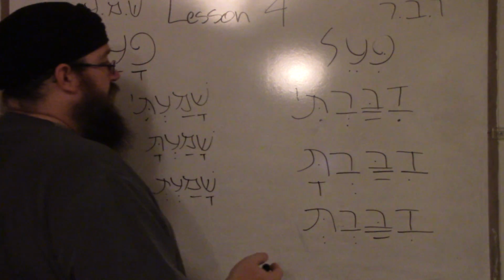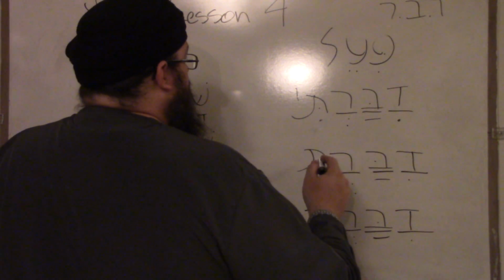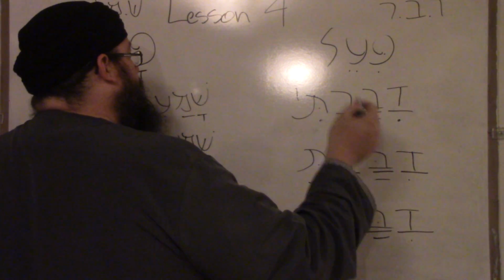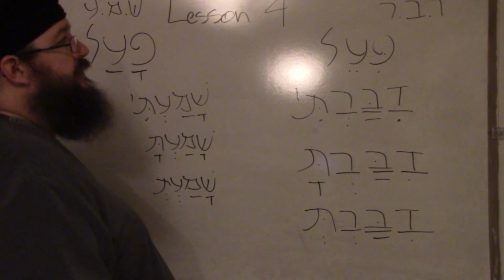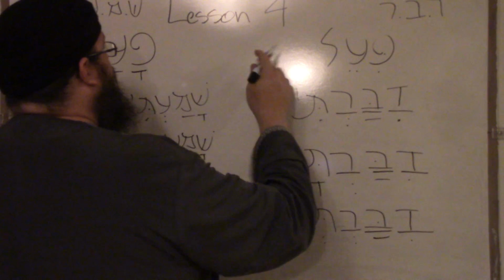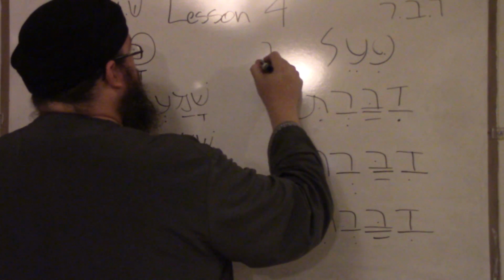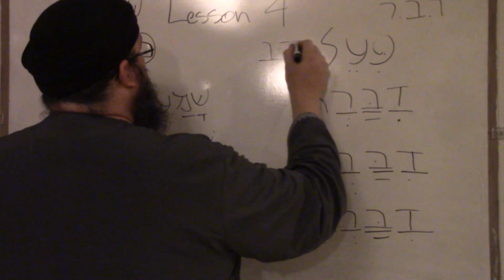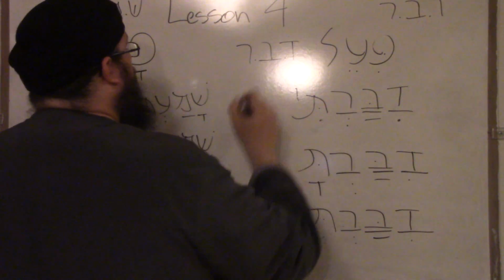Put the future and the past tense on the flashcard, so that your first flashcard on the front just looks like this. It's just the root. Dalet, bet, resh.